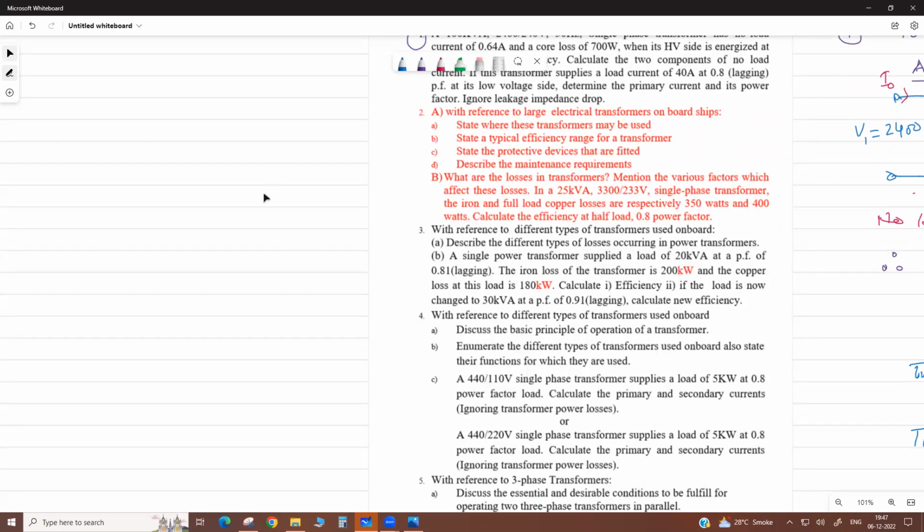State the typical efficiency range is 97 to 99%, 98% it is.